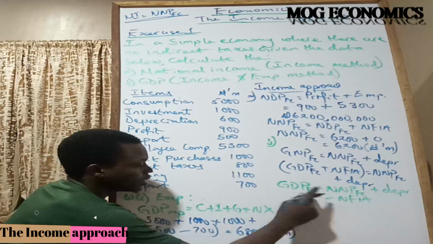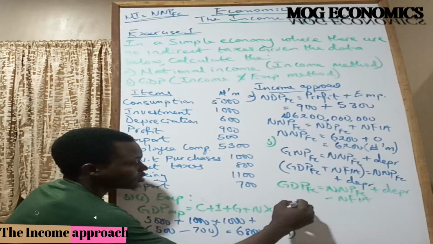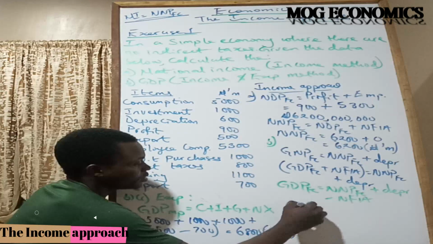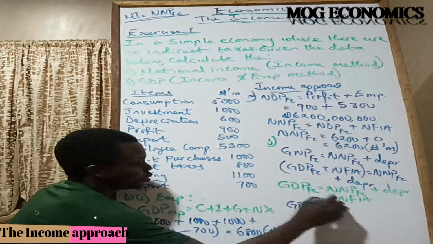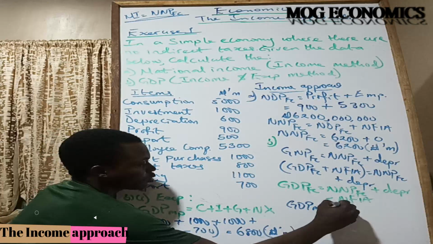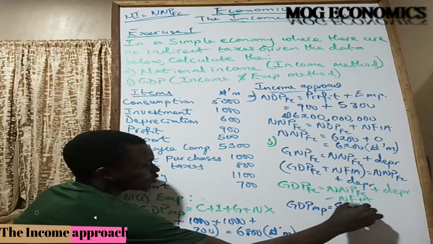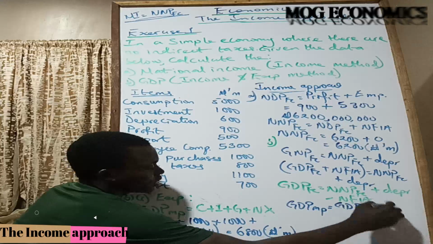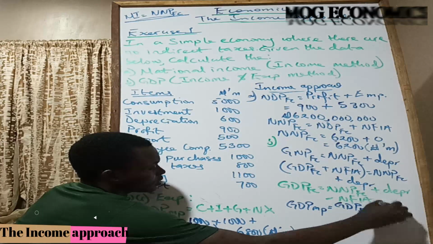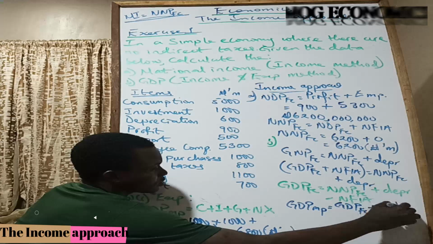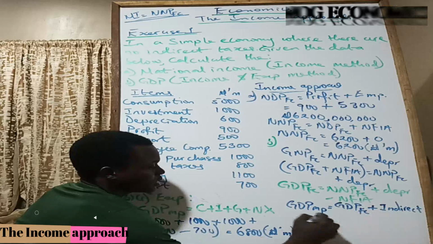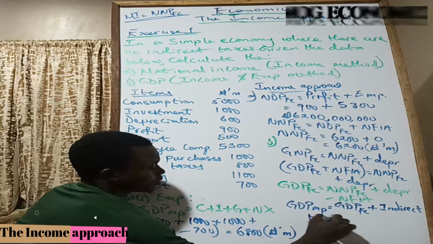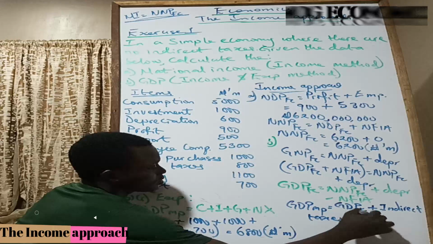When we are done getting this, our GDP at market price will be equal to GDP at factor cost plus indirect taxes, then minus subsidy.